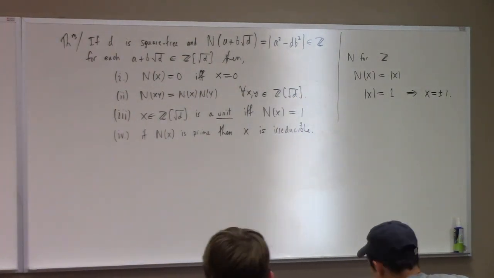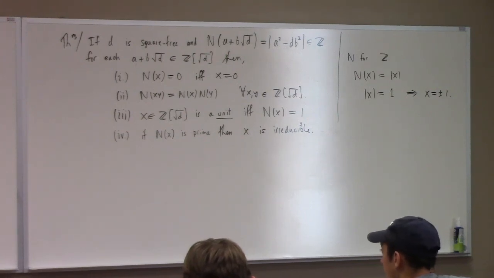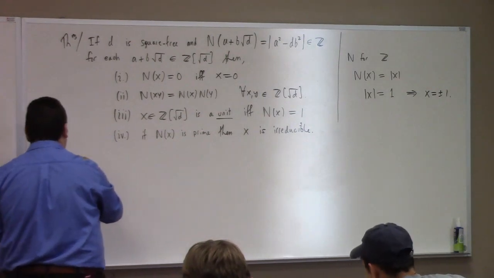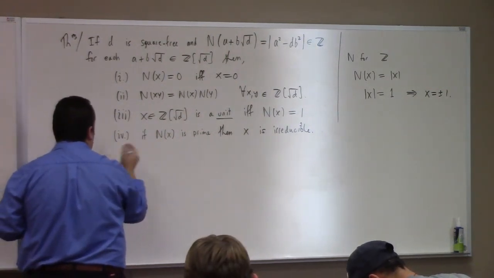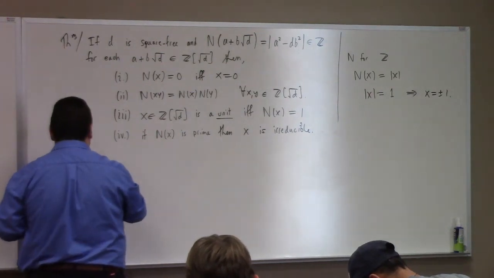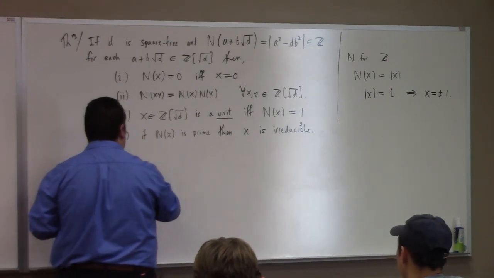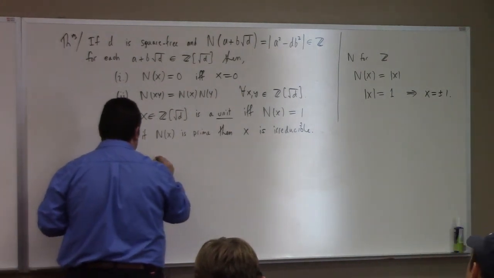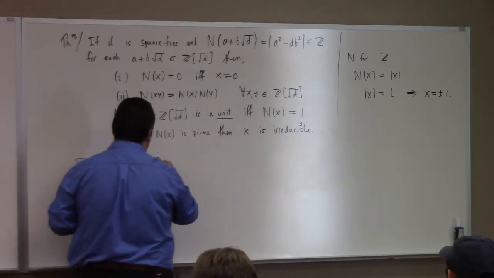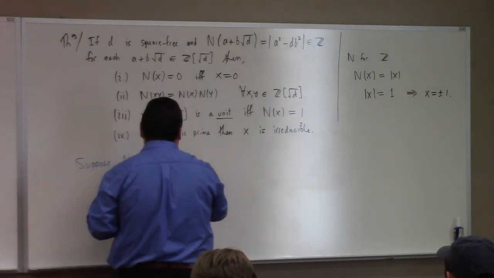So I think the proof is just a contradiction proof, right? Well, I'll try a direct proof, why not? Suppose, I don't know, I'm going to write something down and see what happens. Suppose N of x is prime. Let's suppose it equals p, a prime.